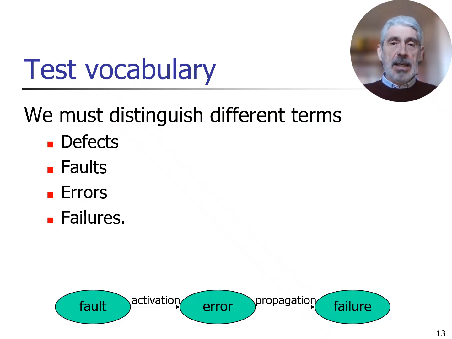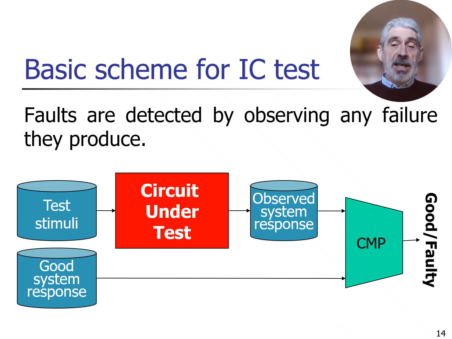In general, we need to distinguish between faults and errors inside the circuit and failures, which are the consequences on the circuit outputs. And it is crucial to underline that what we do when implementing a test is basically observing failures produced by faults.